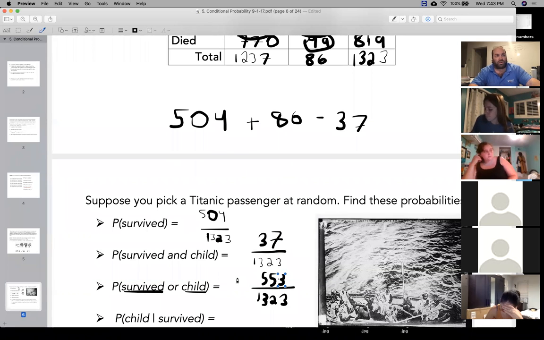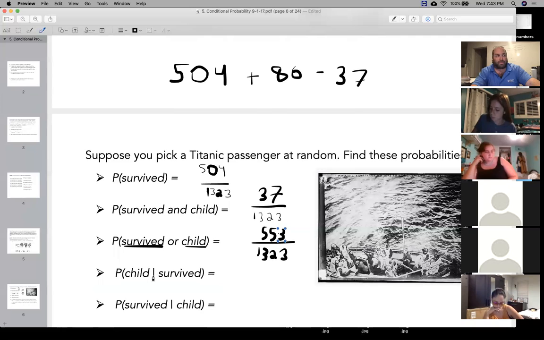None of those questions so far was a conditional question, which is why all the denominators that we've considered have all been 1323. Right? Next one. What is the probability that the person was a child given that they survived?